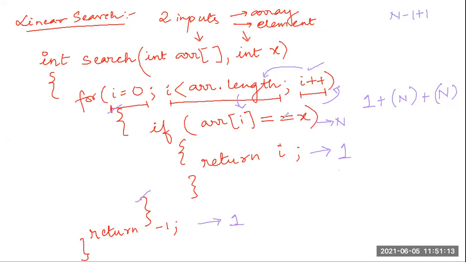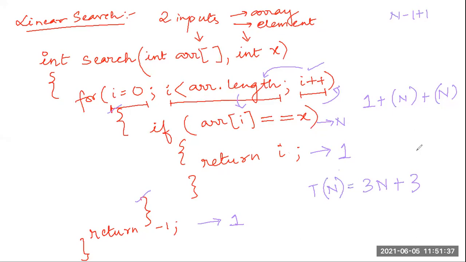I go on checking. So all these things, if I sum up, what will I have? 1 plus n plus n plus n plus 1 plus 1. So 3 ones give me 3 and 3 n's give me 3n. So 3n plus 3.